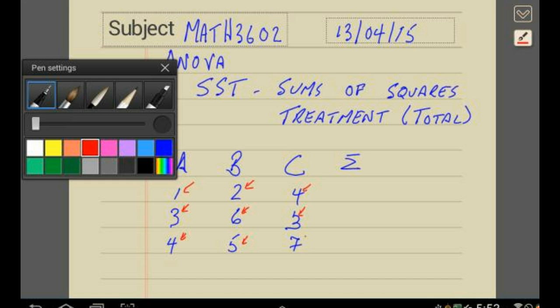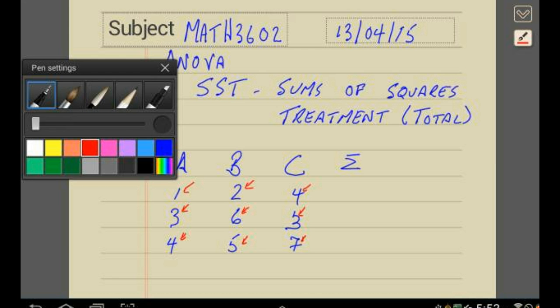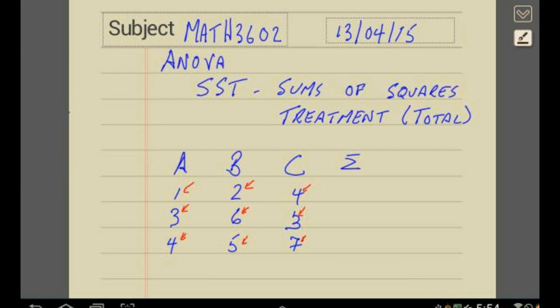We have 9 items, so we sum the elements and divide by 9.